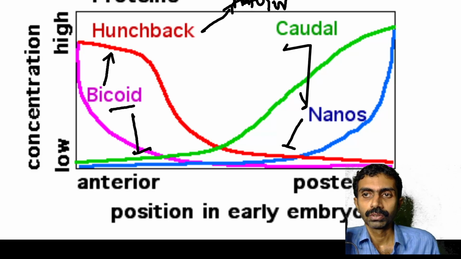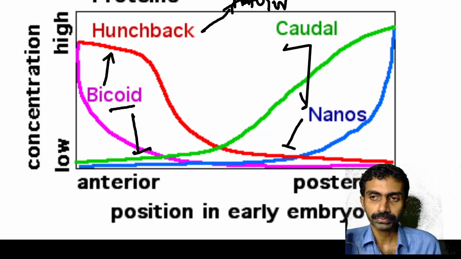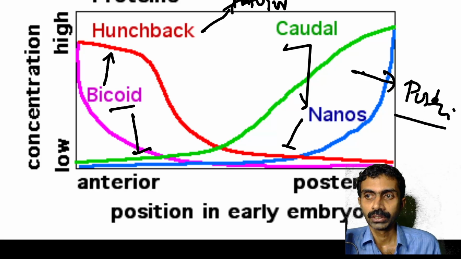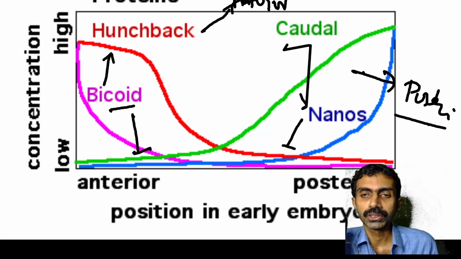The expression of caudal in the posterior region leads to the posterior specification. So this region becomes the posterior region. But nanos is not activating caudal, that you should remember. Once again, bicoid activates hunchback and suppresses caudal. Nanos doesn't activate caudal, but it suppresses hunchback.